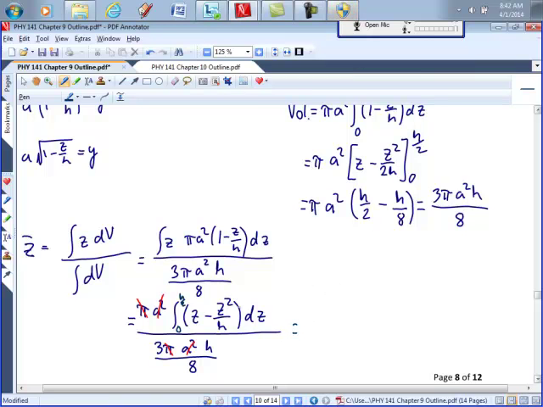So that integral becomes, what does the z become? Z squared over 2, and the z squared over h becomes z cubed over 3h, and that's evaluated between 0 and h over 2. And we still have to divide by 3h over 8.